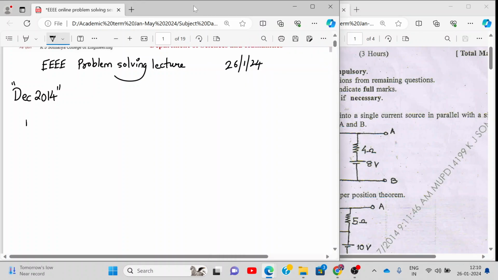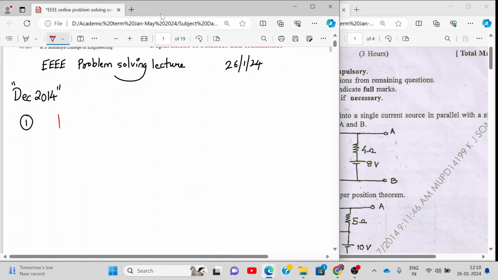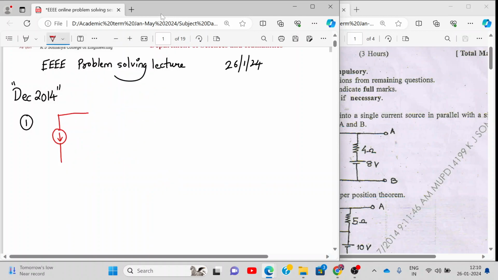In this numerical, it is asking us to find out, so is this a problem of source transformation? Yes, because we want at the end one current source, either the direction will be up or down, and with a parallel resistance this way.